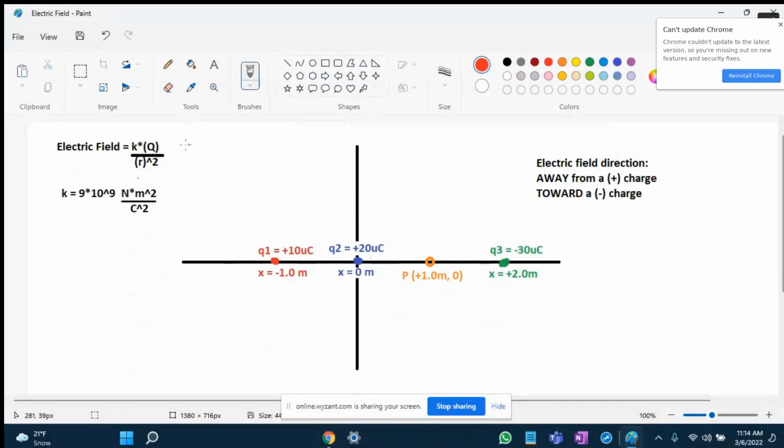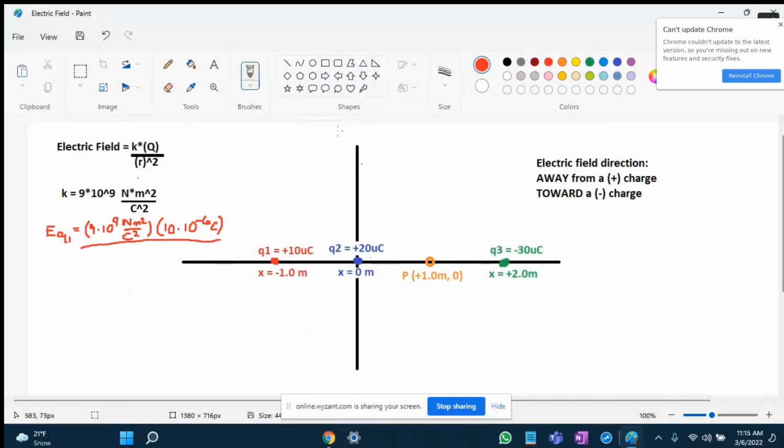E Q1 at point P is going to be equal to 9 times 10 to the 9, and again the charge has to be in coulombs, so just like before, Q1 would be equal to 10 times 10 to the -6 coulombs over the distance squared.